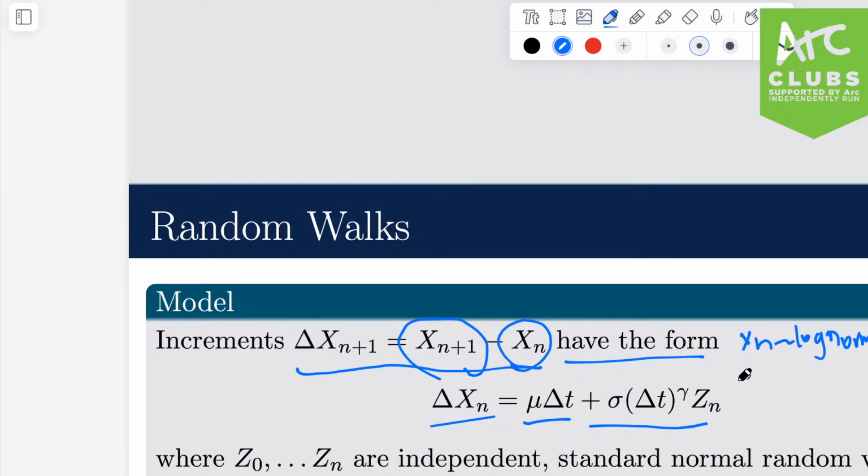What this means is the expectation of the log of xn is equal to mu. And I think the variance of the log of xn should be sigma squared.